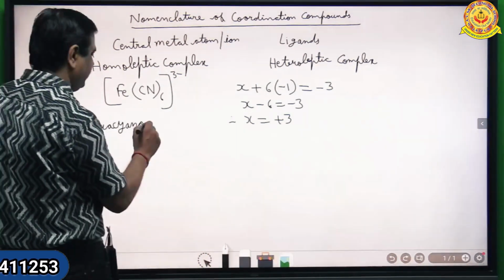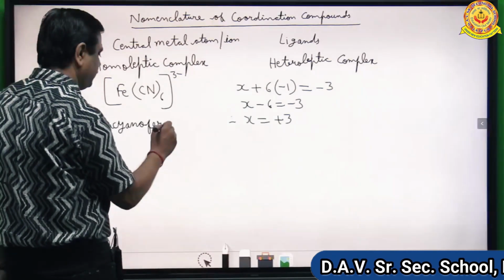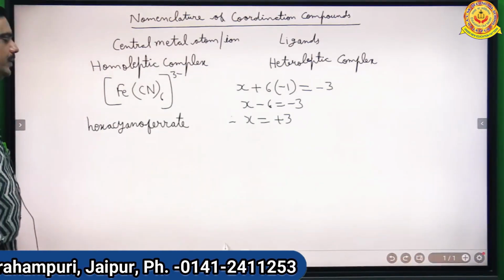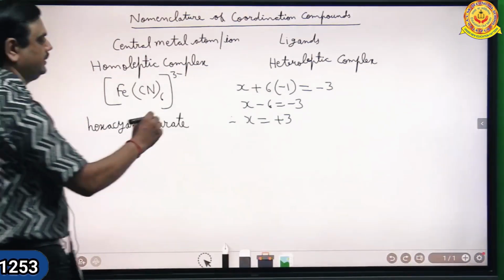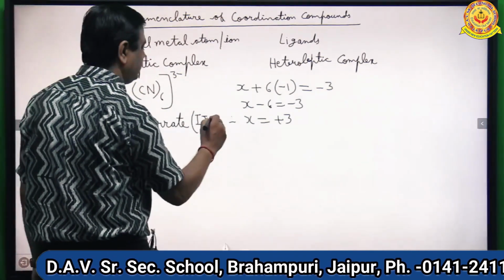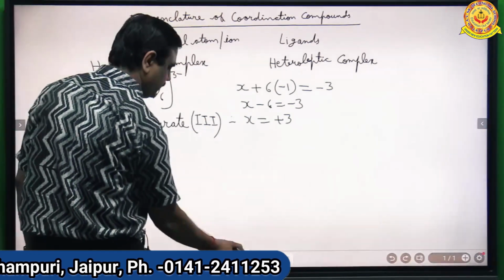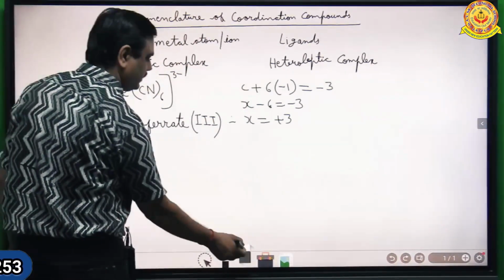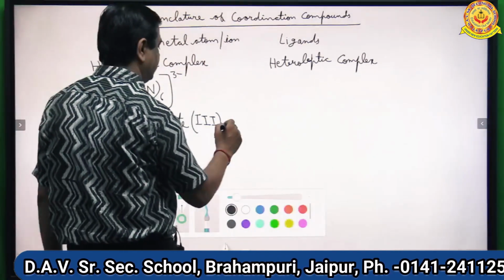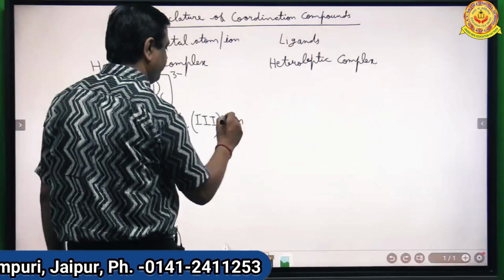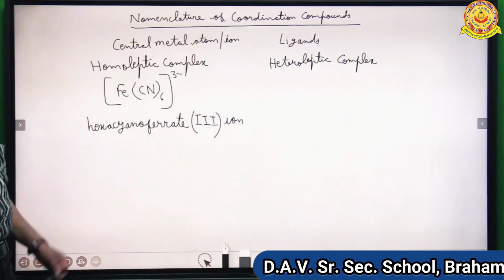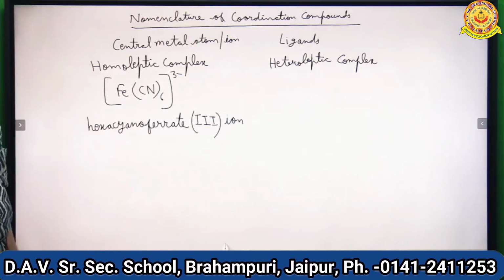So it will be named hexacyanoferrate, then oxidation number, and then iron. Hexacyanoferrate(III). This will be the name of this complex.